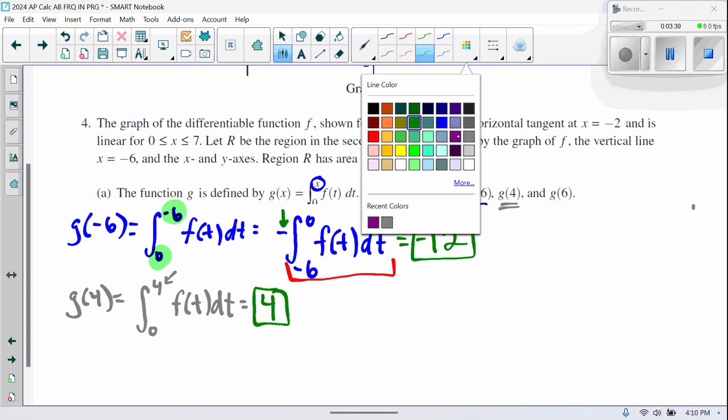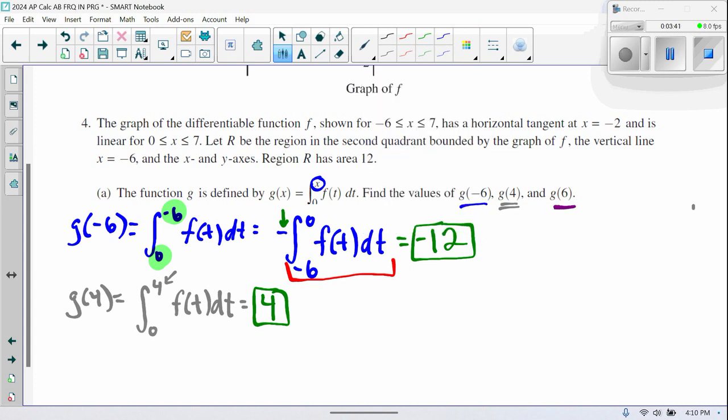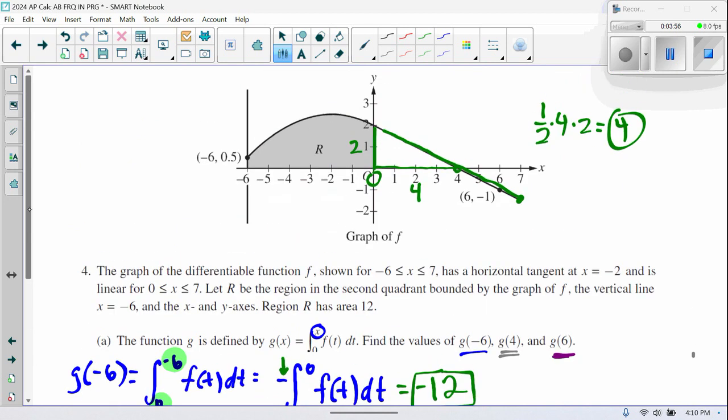Let's go to this purple. G of 6. So now I'm going to do the same thing, the integral from 0 to 6, f of t dt. Now I'm going to go back up here and go from 0 to 6. Okay, keep in mind I have 2 triangles now. This one is 4. We already did that.